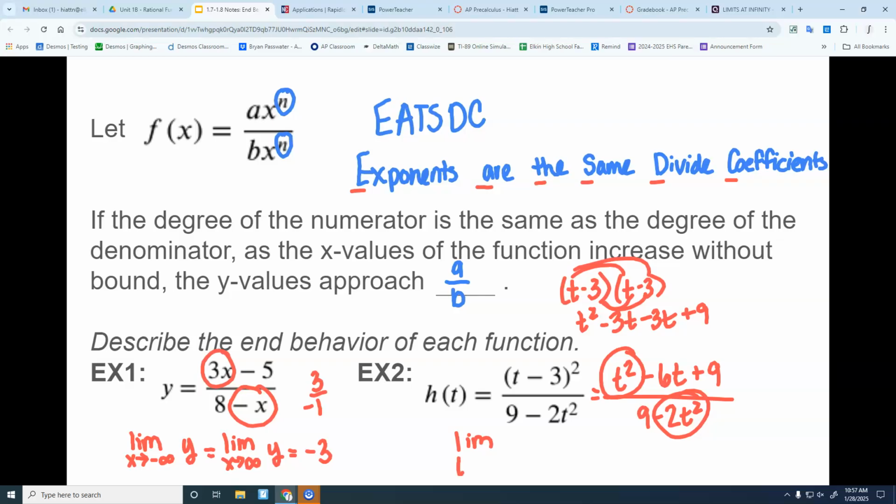T. T is our independent variable. So it's the limit as t approaches negative infinity of h of t, which should be the same as the limit as t approaches positive infinity of h of t. And that is going to equal, we're doing positive 1 over negative 2. So we get negative 1/2 for that.